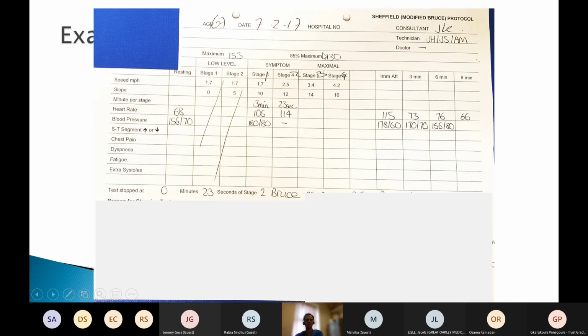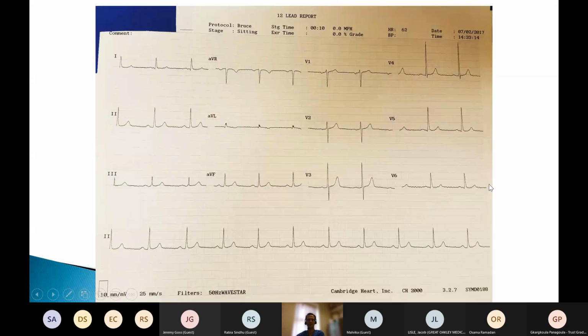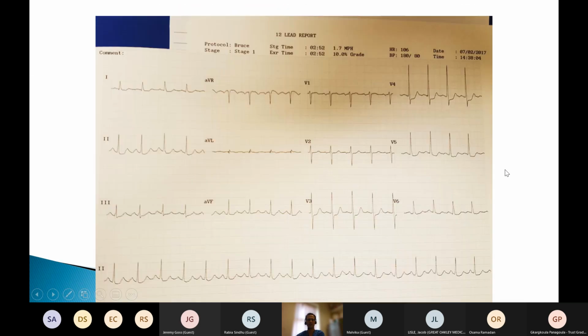So he hasn't achieved as much exercise, as much heart rate as we would have expected him to. His resting ECG looks fairly normal. This is at the start of exercise. At 2 minutes, 52 seconds of exercise, can you see any abnormalities there?